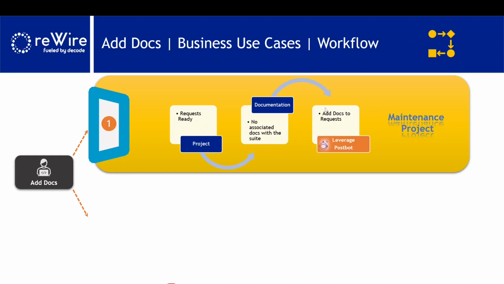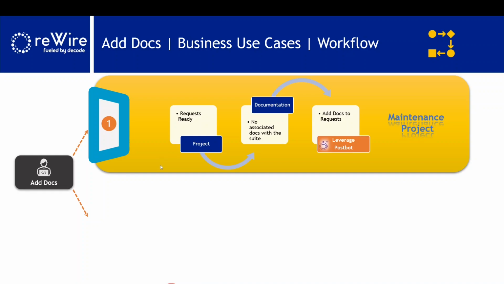So now it gets into a generation phase, where docs are added to the requests. Here we are going to leverage Postbot to generate the docs. This is the maintenance project. A maintenance project means an ongoing project which is already generally available, and features are being added to it. That's about the first business case, where I'm going to walk through the GET request.